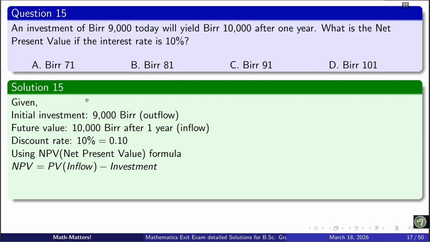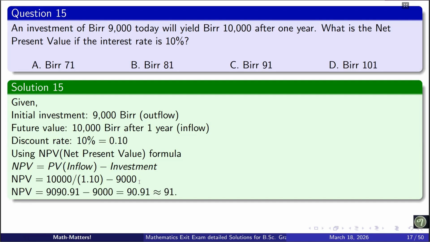Then the discount rate is 10%, or 0.1. So using the NPV, net present value formula, the net present value is equal to the present value of the inflow minus the initial investment. That means the present value could be 10,000 divided by 1.1, minus 9,000.